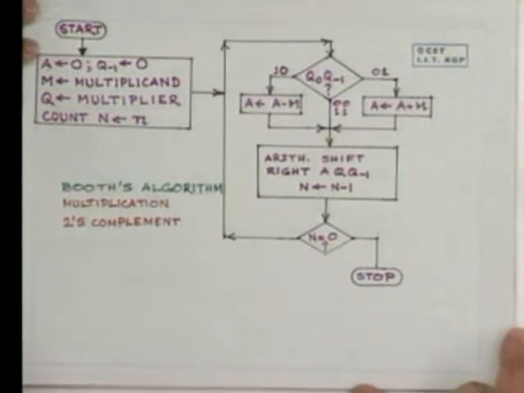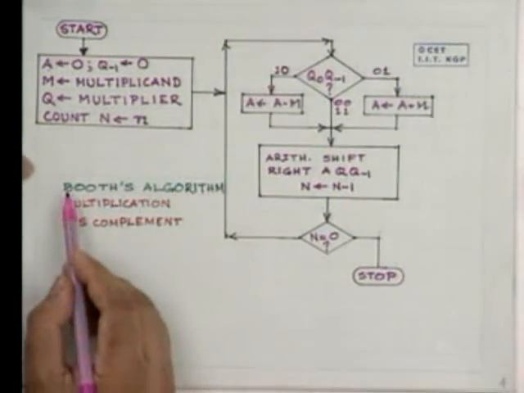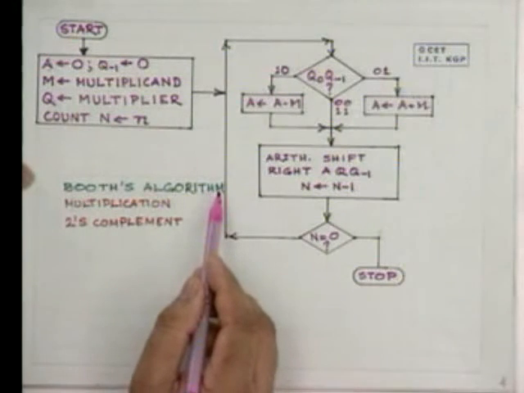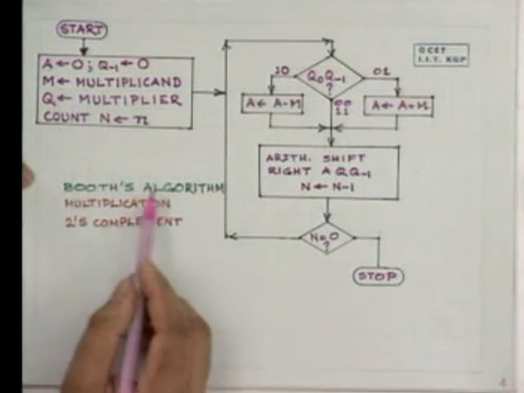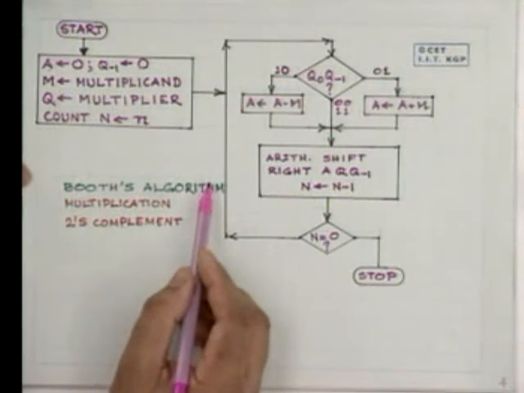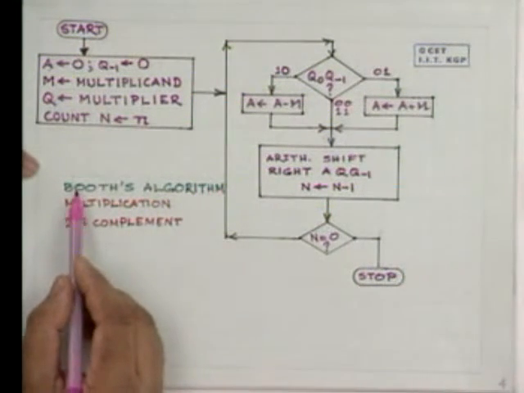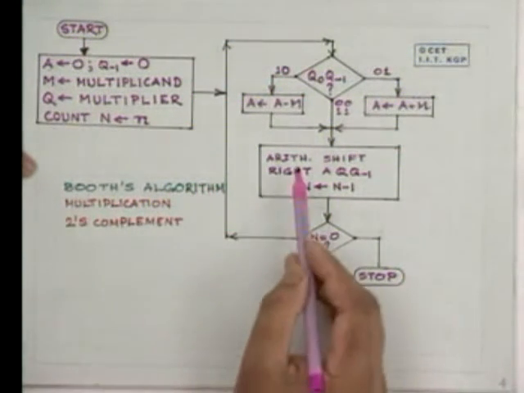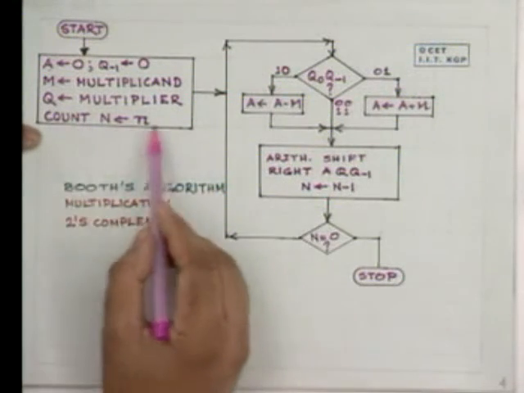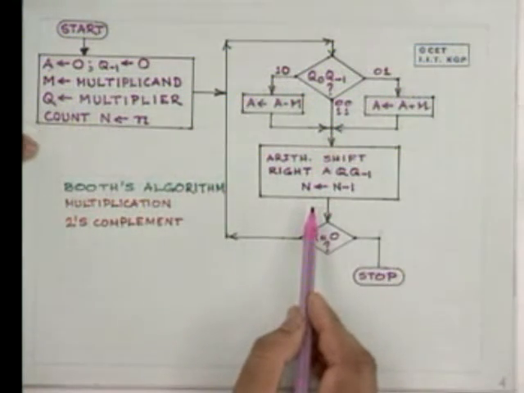Now let us see the algorithm for 2's complement representation. One famous algorithm is Booth's algorithm, which is very much in use, and the algorithm in the form of a flowchart has been shown over here.